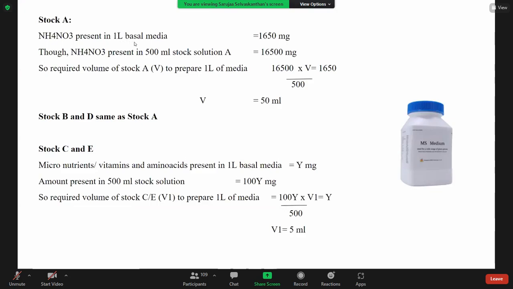We already prepared the stock solution, 500 milliliters of stock solution. So the 500 milliliters of stock solution A contains 16,500 milligram of ammonium nitrate. And these two steps, understand or not?